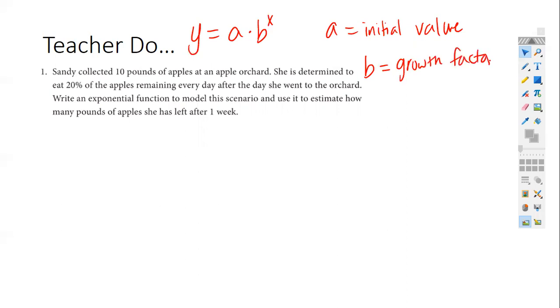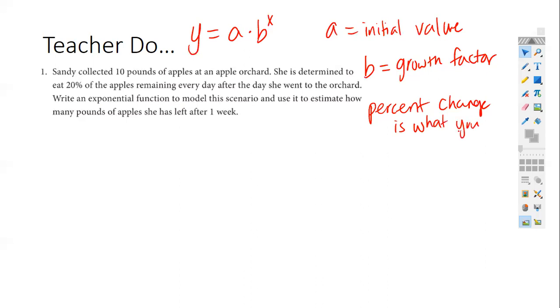To tie this into what we talked about with tables, that's our ratio, right? How did I get from one number to the other? That's our ratio. What we're also going to talk about is your percent change. Your percent change is what you are increasing or decreasing by.